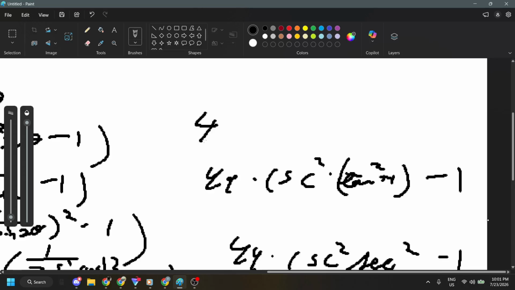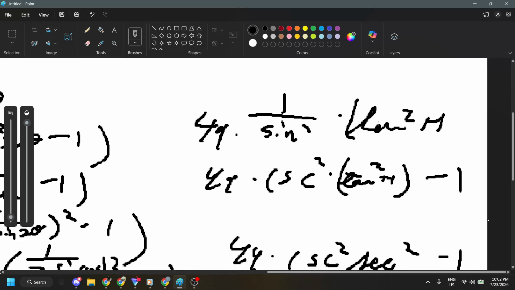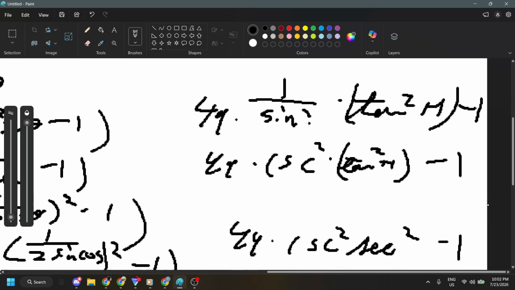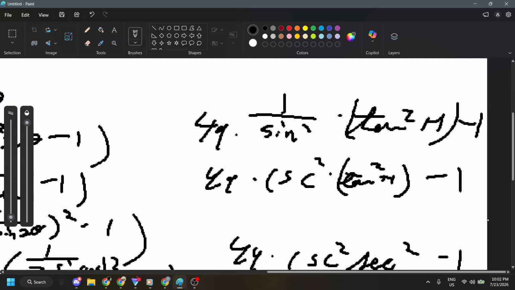I do have a vision. 49 times cosecant is 1 over sine squared times tangent squared plus 1 minus 1. Tangent squared, this is 1 plus cosine squared, but can I turn that into tangent at all? Or 1 minus, it would be 1 minus cosine squared.